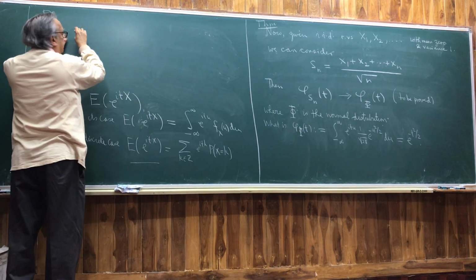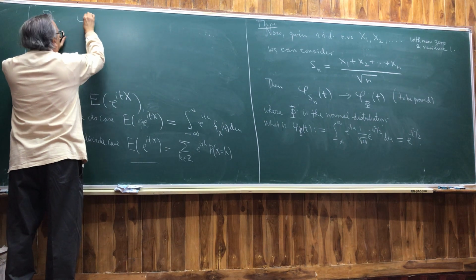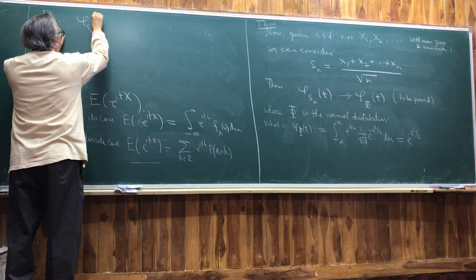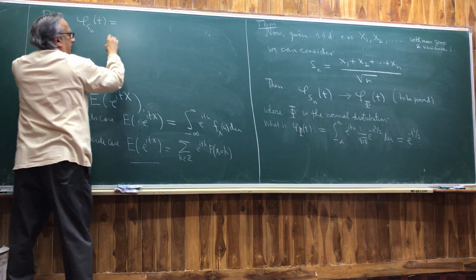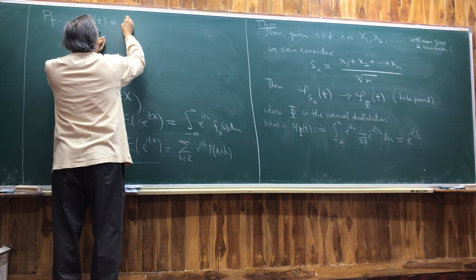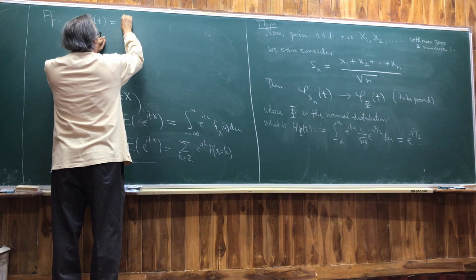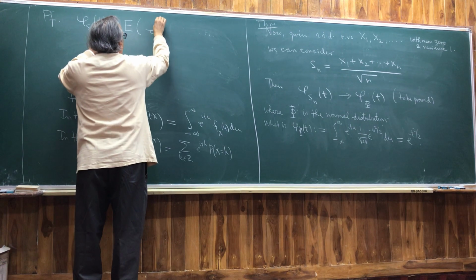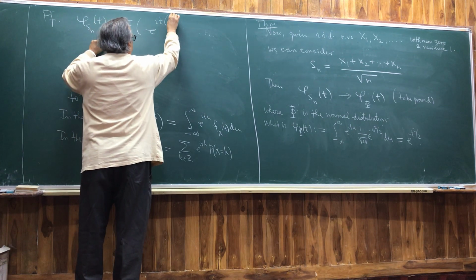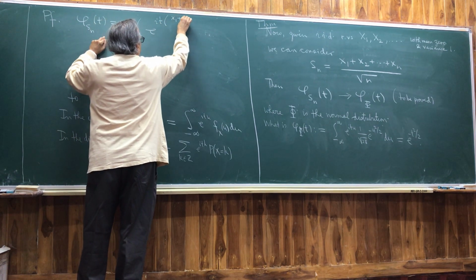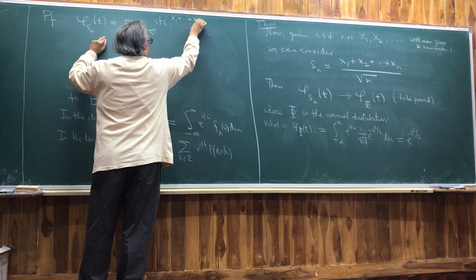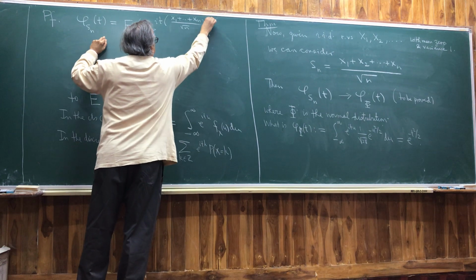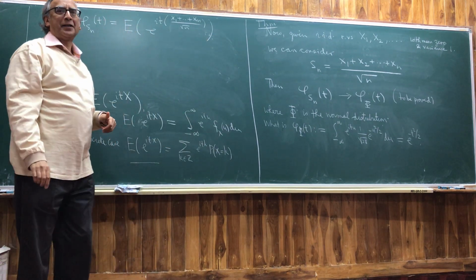We calculate the characteristic function of Sn at t, which equals the expectation of e to the i t times Sn. If you were trying to do it in TeX, it's a mess. This is the nice thing about the blackboard.